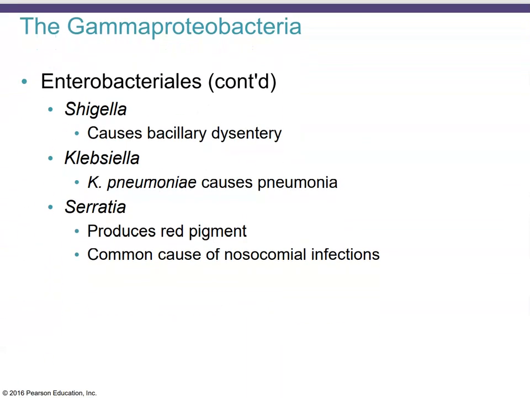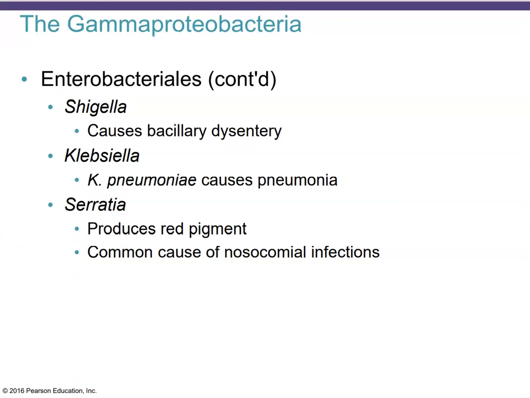And we're still not done with the gamma proteobacteria. Here we have more: Shigella. This one can cause dysentery, so diarrhea, basically. Klebsiella pneumoniae, the cause of pneumonia. We will have this one on a pathogen group. And then Serratia. If we were doing lab on site, we would work a lot with Serratia because it grows red colonies.